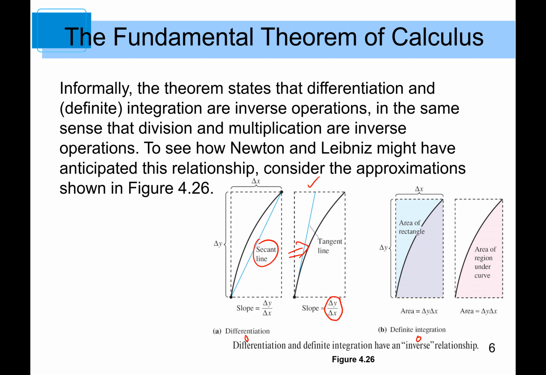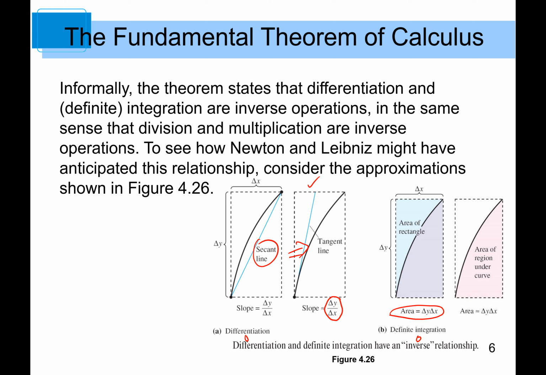And when we talk about integration, in the previous two sections, we looked at the area of rectangles, estimating the area under the curve using rectangles. So area equals delta y, which is the height, times delta x, which is the base.